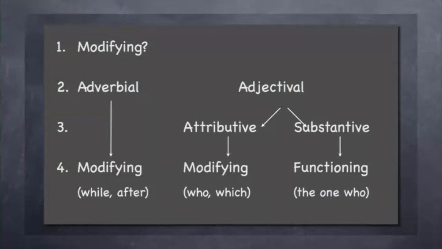But if that adjectival participle is functioning substantively, in other words, there's no noun for it to modify, then I know it's performing a function in the sentence. Maybe the subject, maybe the direct object, maybe an indirect object, maybe an object of a preposition. It all depends upon the context. But in the translation, you have to add in words that make it stand on its own as a noun, as a substantive. Okay? So you do those, especially steps 2, 3, and 4.